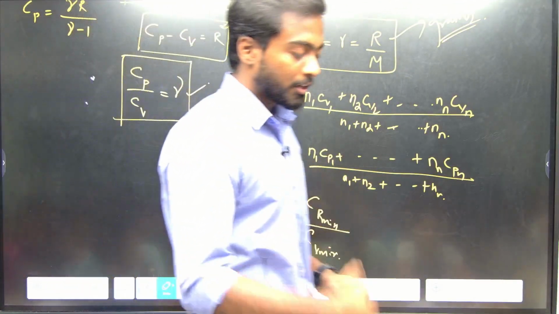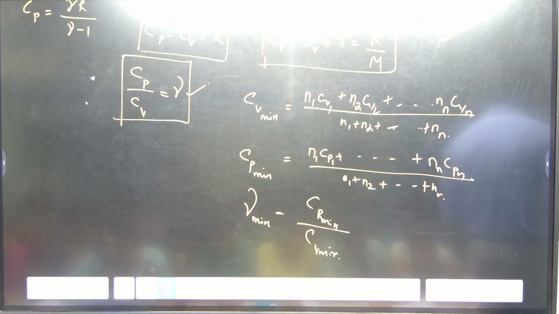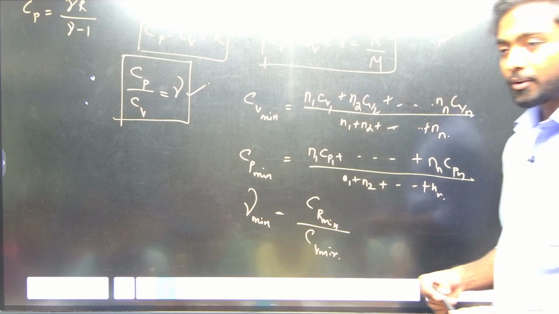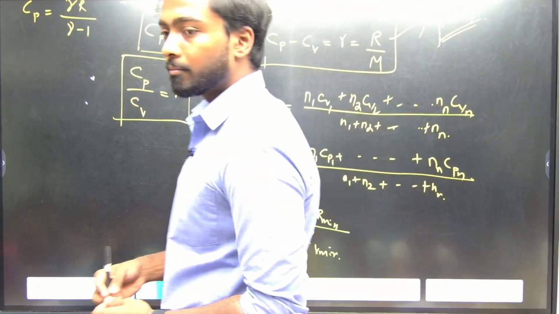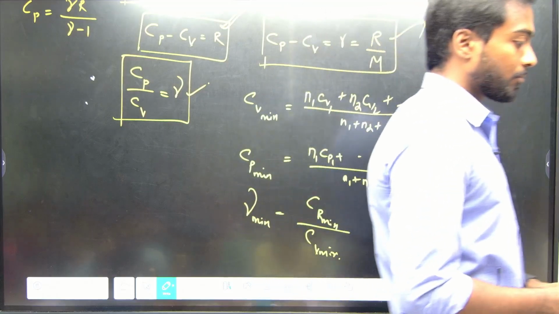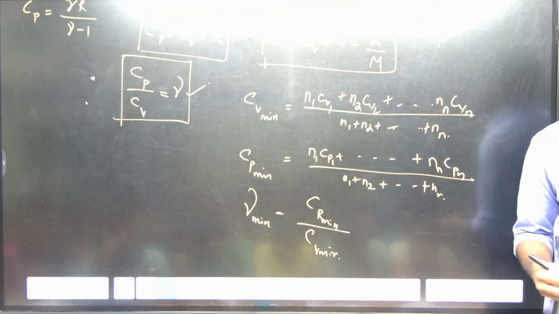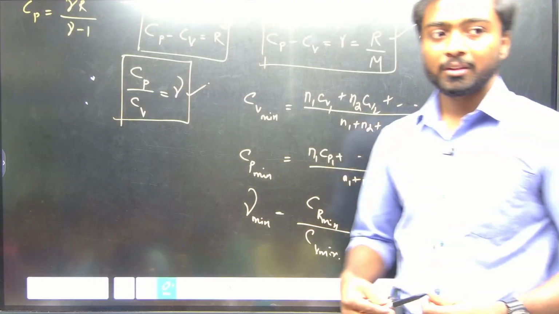So the next point, monoatomic gas. Hyphen, degree of freedom is equal to 3. Monoatomic gas, keep a hyphen, the degree of freedom is equal to 3.